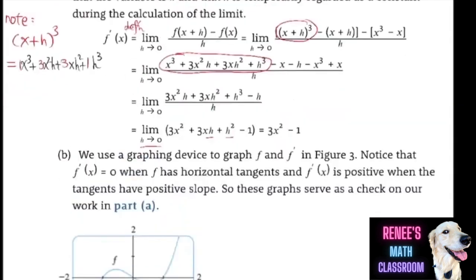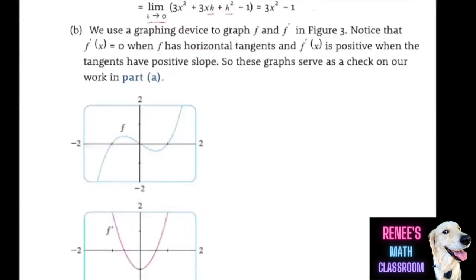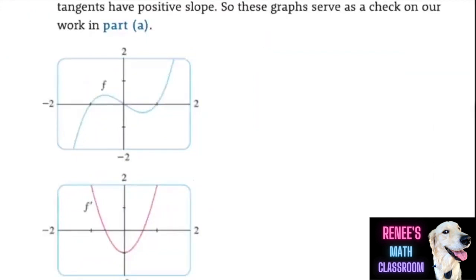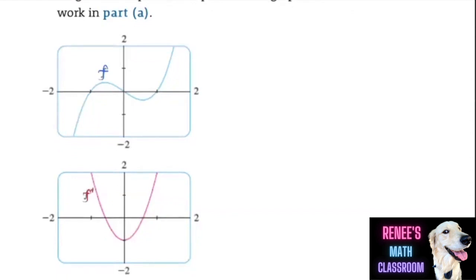Now we can use a graphing device to graph both the function f and f prime. So we can use a decimal graphing calculator. So we graph this function f, and this is the function f prime. Okay. So you can see that they're related.